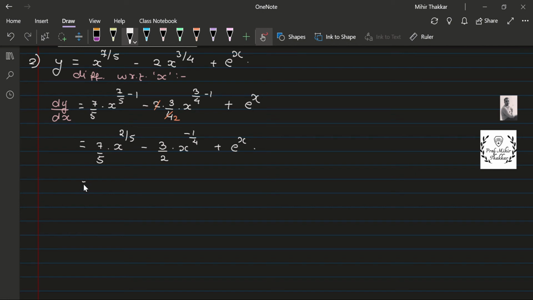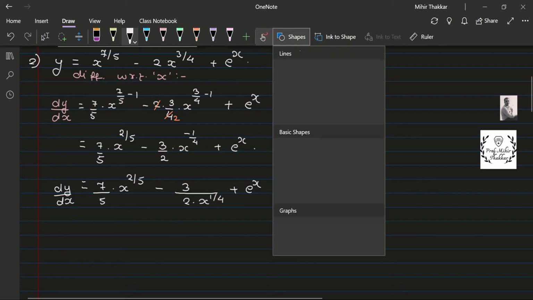So, in order to make the power positive for the second term, I can write 7 upon 5 x raised to 2 by 5 minus 3 upon 2 into x raised to 1 by 4 plus e raised to x. This is the value of dy by dx.